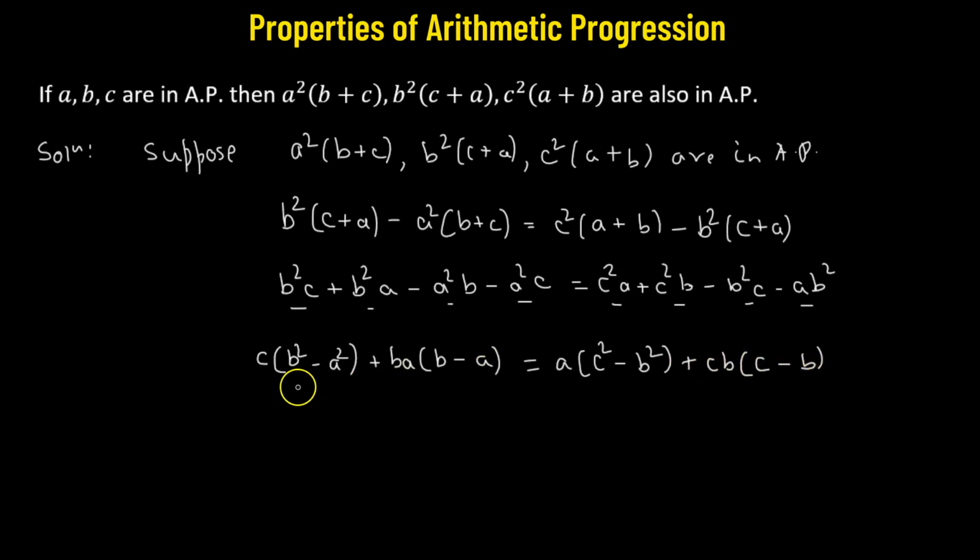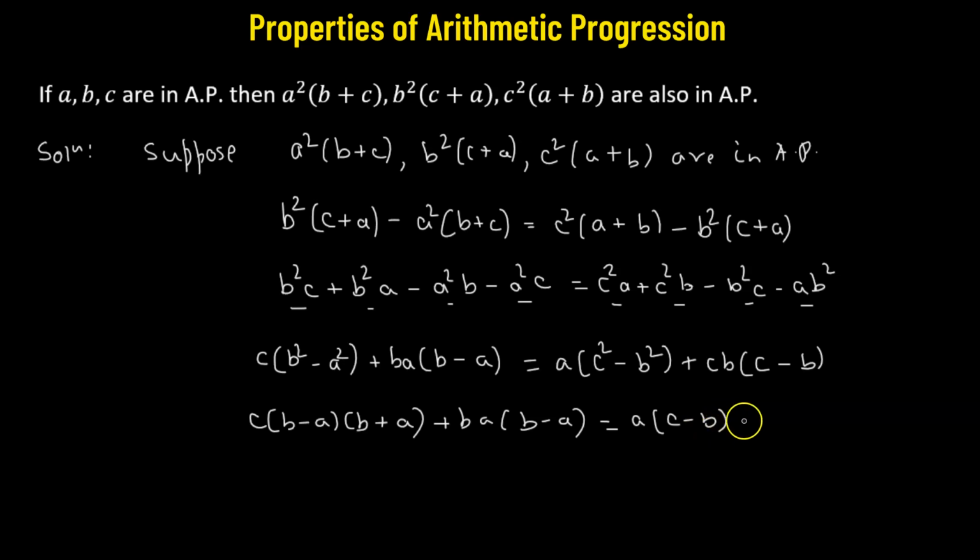Now we know that b squared minus a squared is simply b minus a times b plus a, plus ba times b minus a, which will be equal to a multiplied to c squared minus b squared, can be written as c minus b times c plus b, plus cb multiplied to c minus b.